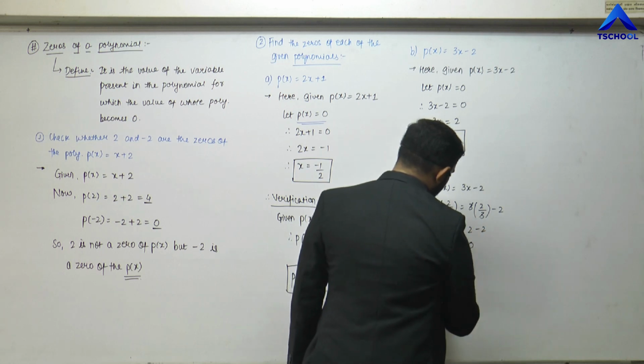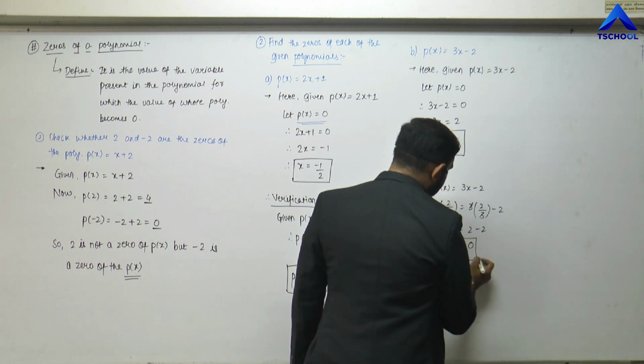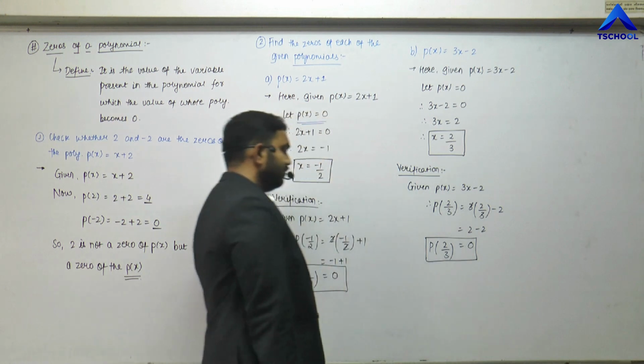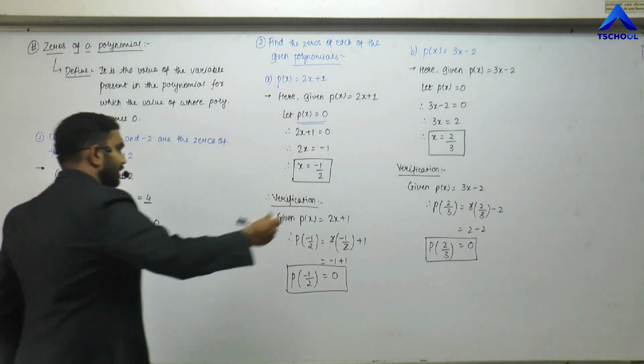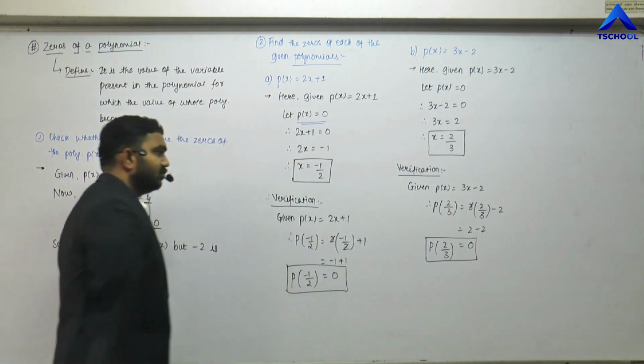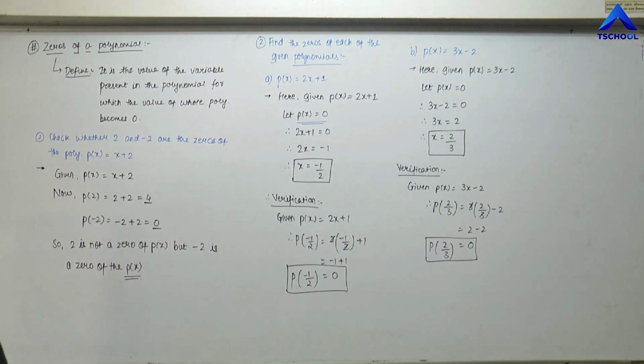So P of 2 by 3 is equal to 0, and hence the value that we got here for x, that is 2 by 3, is a valid one. Hence the 0 of the given polynomial is x equals 2 by 3, and same as that we got for the first one, that is x equals minus 1 by 2. Is it clear, friends? Okay.